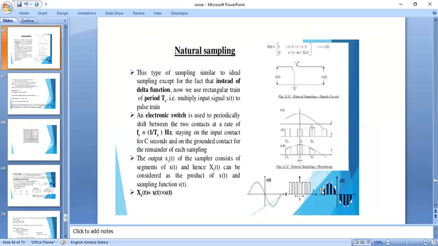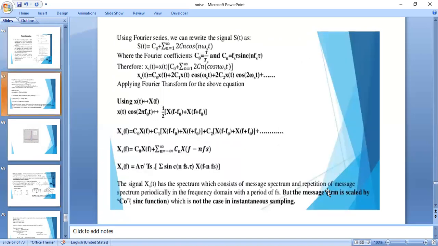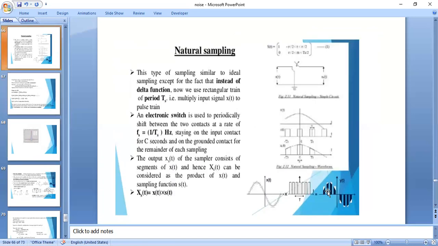Not constant means it is not flat. The amplitude during this interval is varied. So the sampled output is not a flat top.